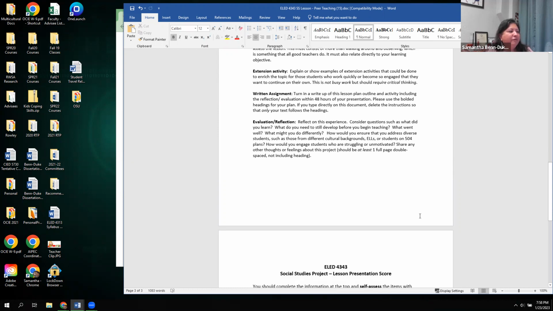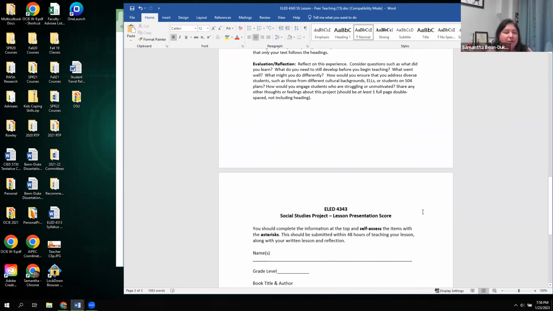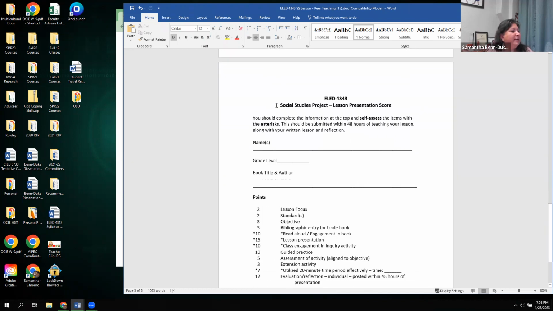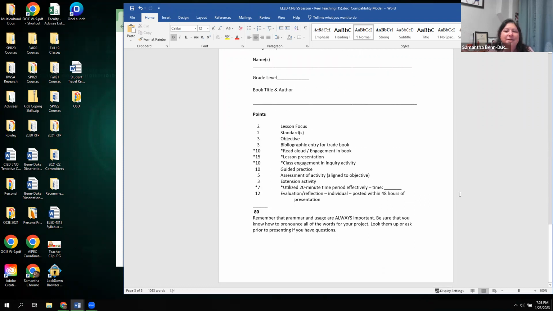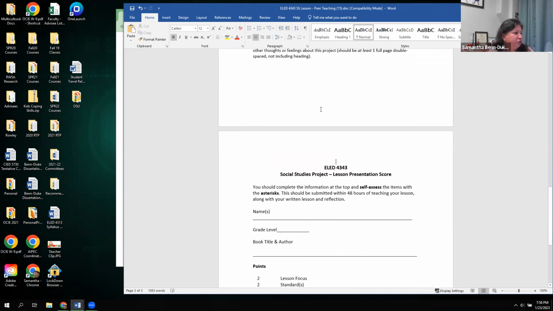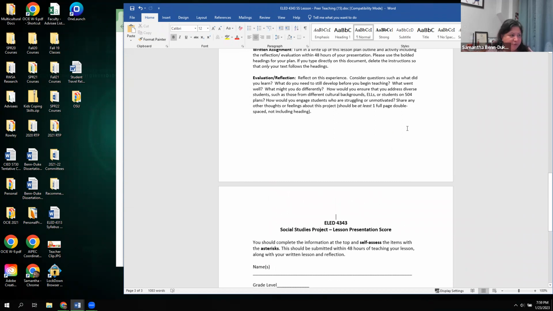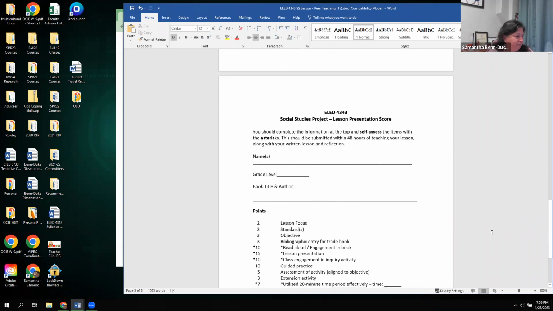Now, when I say one full page double spaced, not including the heading, if your heading is from here down to this line where your name is, and then you start here and write this much, that is not a full page, double spaced or not. That is not a full page. Your reflection should be rather detailed. So you should be targeting a bare minimum of one full page, not including the heading.